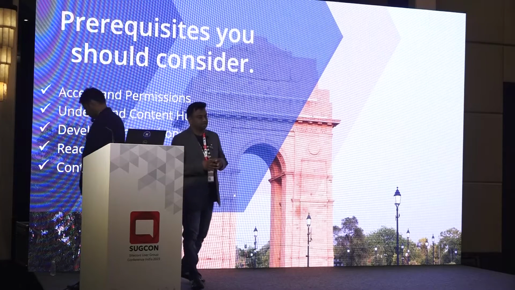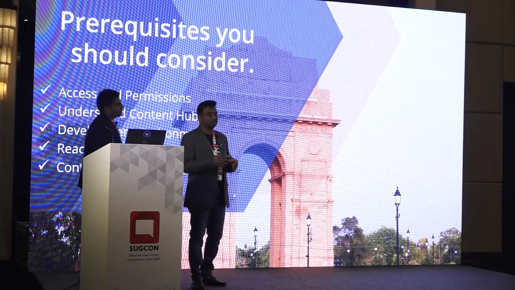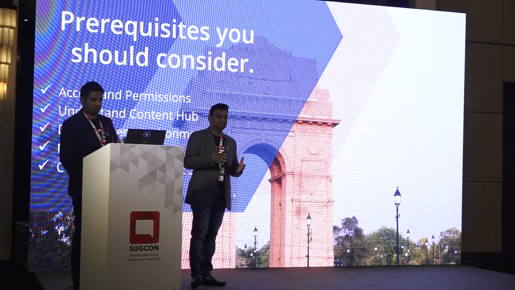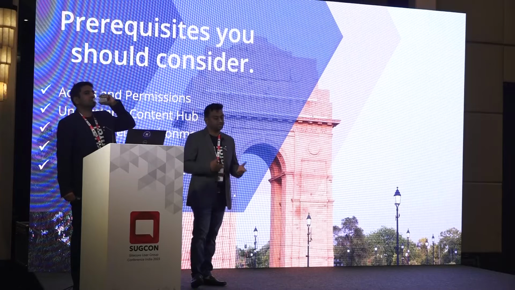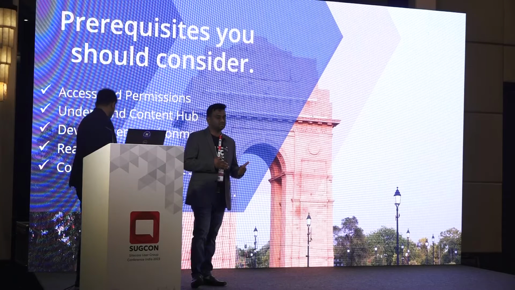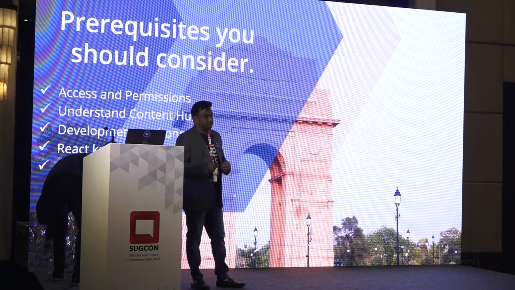So now we know how we can configure a component and what the different configurations are that we need to do for the component. But there's something we need to consider as a prerequisite: we should have the necessary permission on the Content Hub instance, because we need to upload that bundle asset into the Content Hub portal asset section, as well as configure that component in Content Hub.